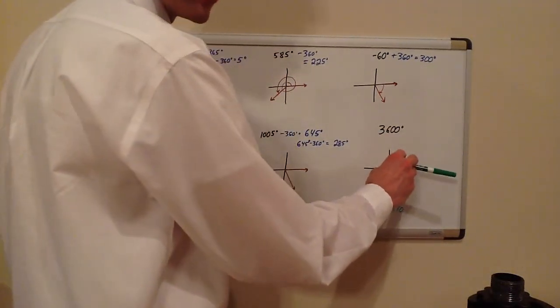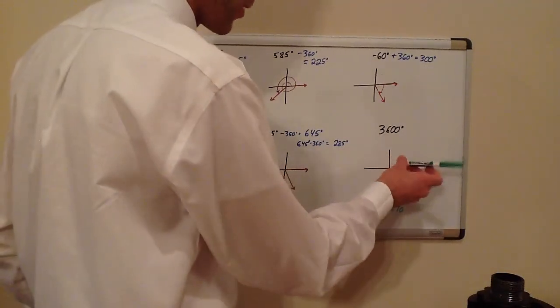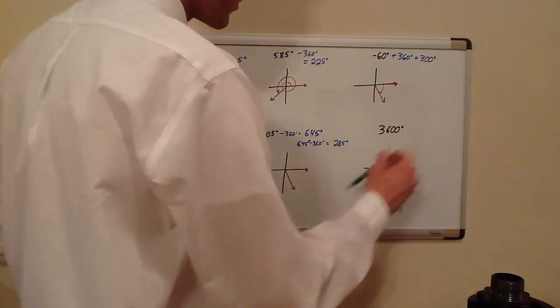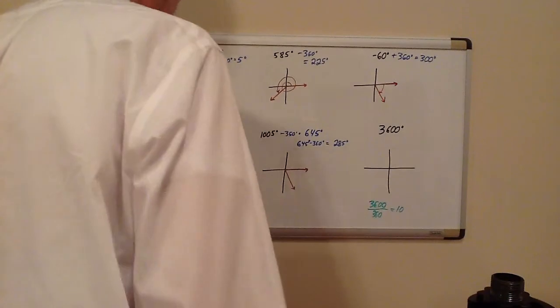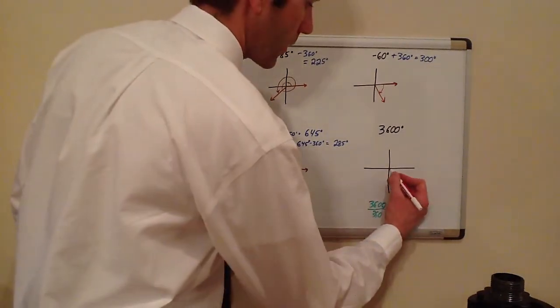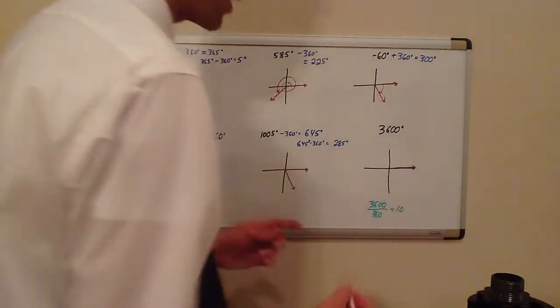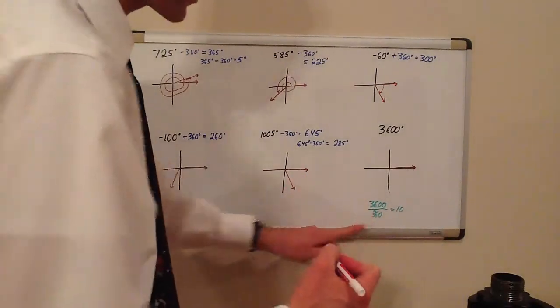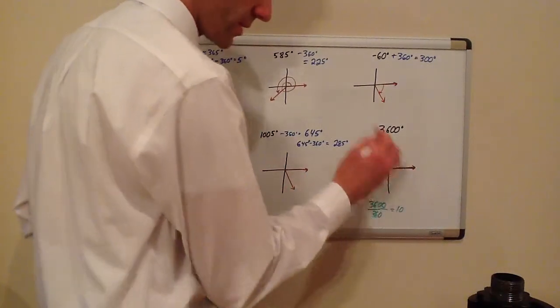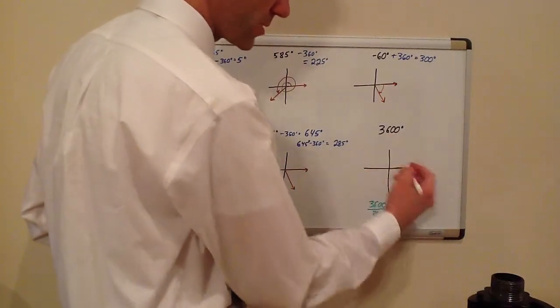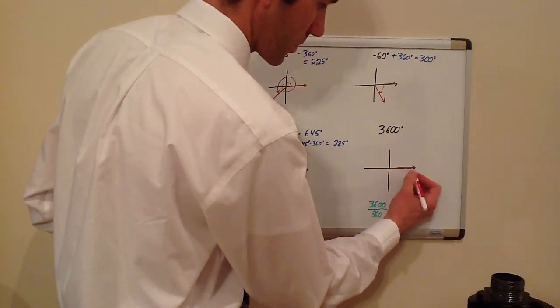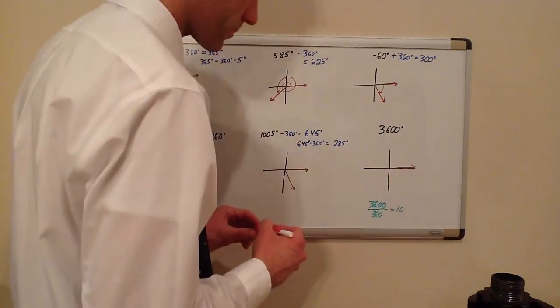I'm sorry, my mind went blank, brain fart. I'd keep going around and around 10 times. Long story short, here's what it is. Because it divides by 360, it's the equivalent of going around 10 times, and it ends at the exact same place. Right there.